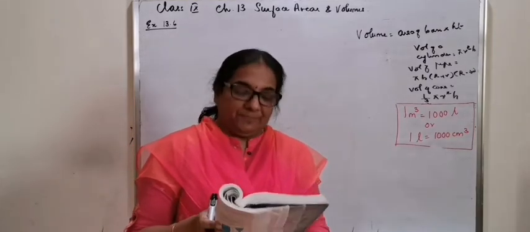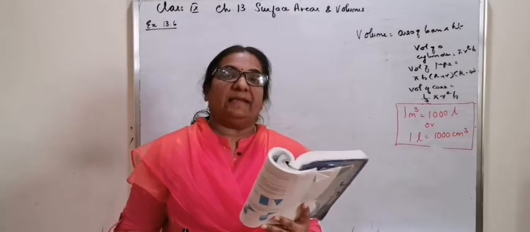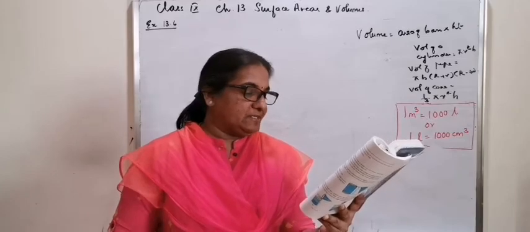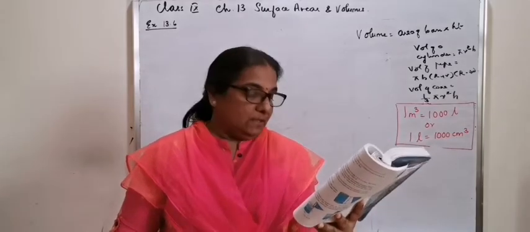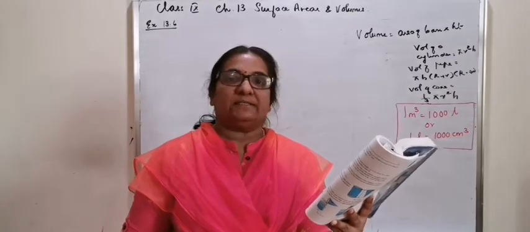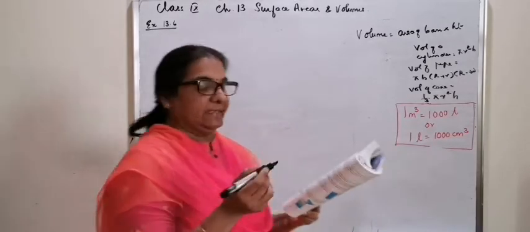Question number 3. A soft drink is available in 2 packs. A tin with a rectangular base of length 5 cm, width 4 cm and having a height of 15 cm. That means it's a cuboidal packet.